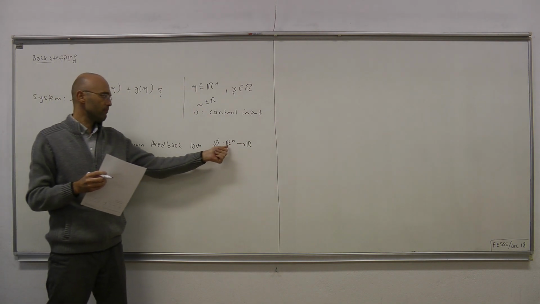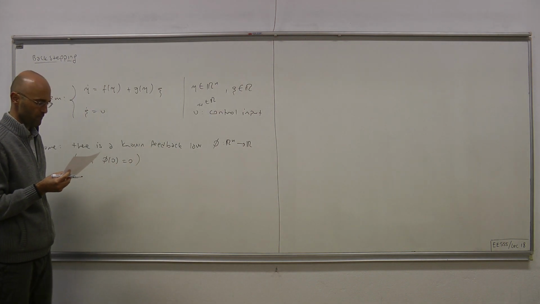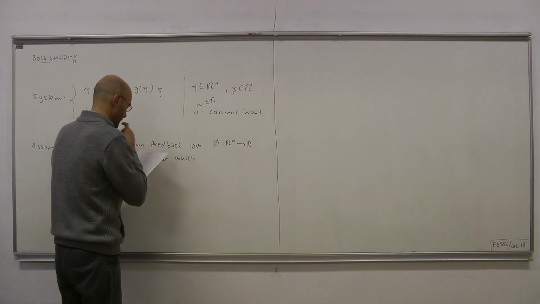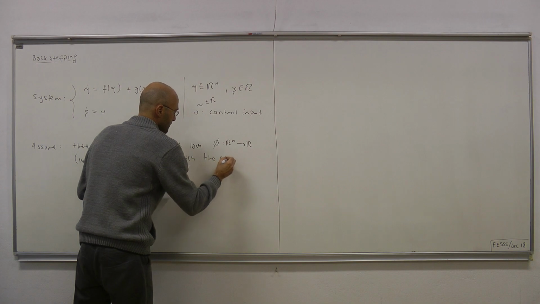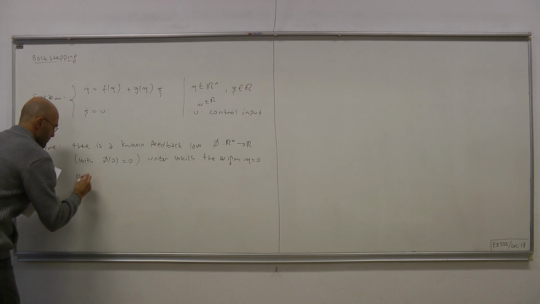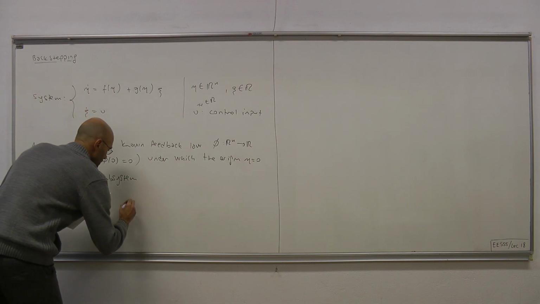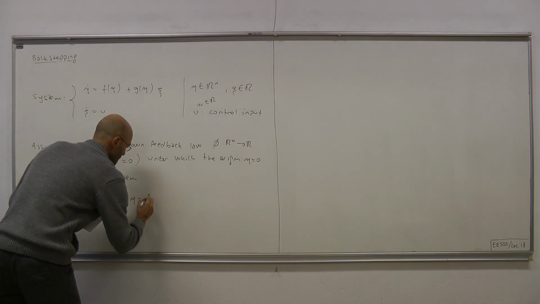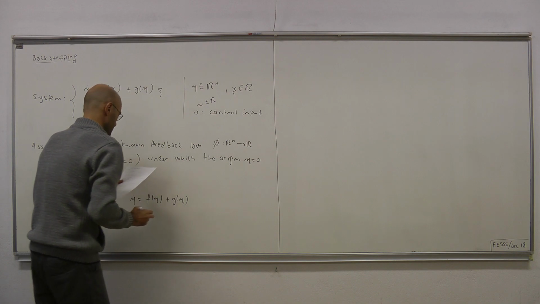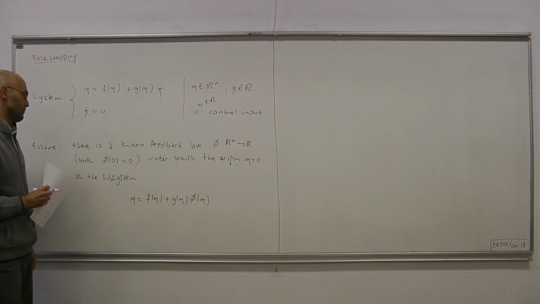This 0 is the zero vector, and this 0 is a scalar 0, because it's a mapping from R^n to R, under which the origin eta equals 0 of the subsystem eta dot equals f of eta plus g of eta times phi of eta is asymptotically stable.